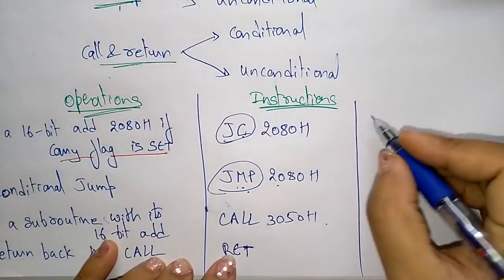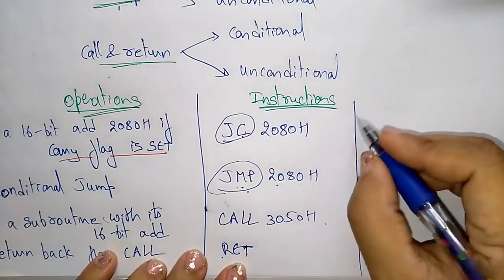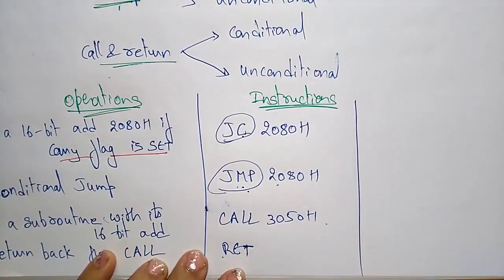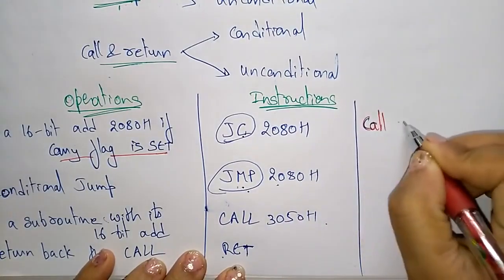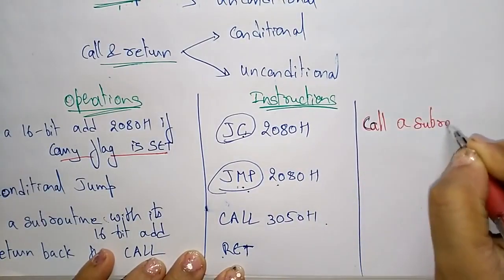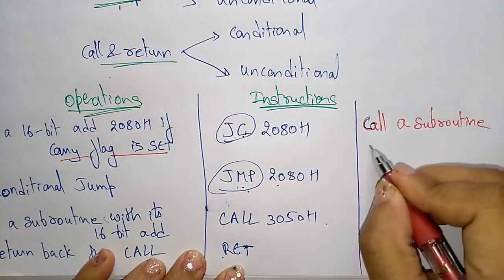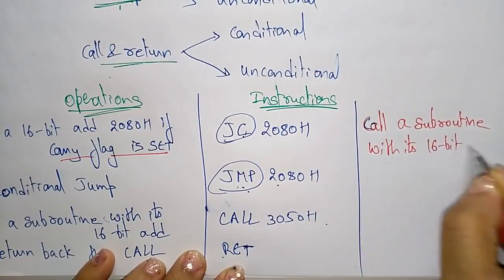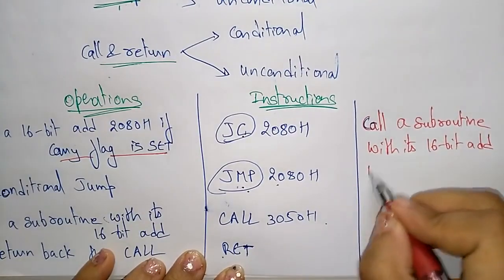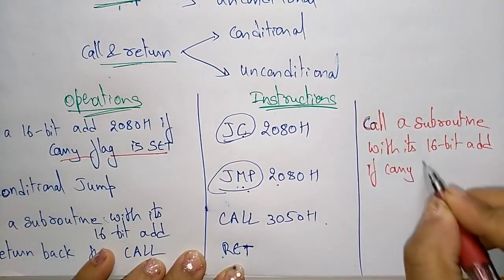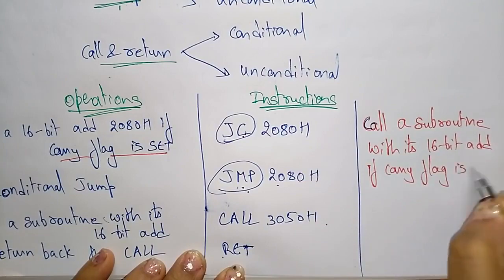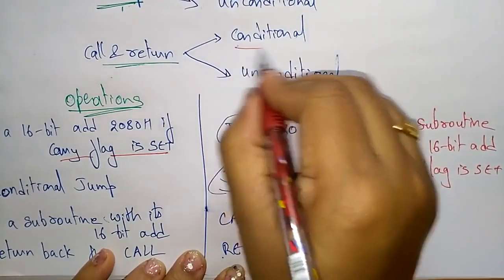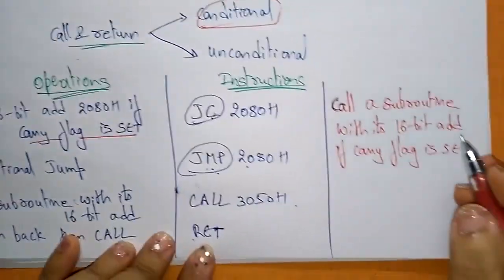Suppose you want to mention a condition. Let me write: call a subroutine with its 16-bit address if the carry flag is set. Here I am mentioning the condition, so it is a conditional call.